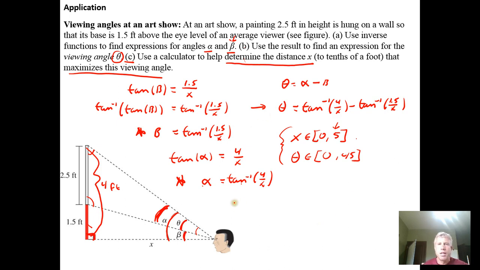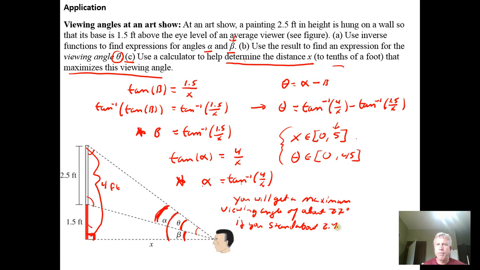So you would say, you will get a maximum viewing angle of about 27 degrees if you stand about, and it says tenths, so 2.4 feet from the picture.